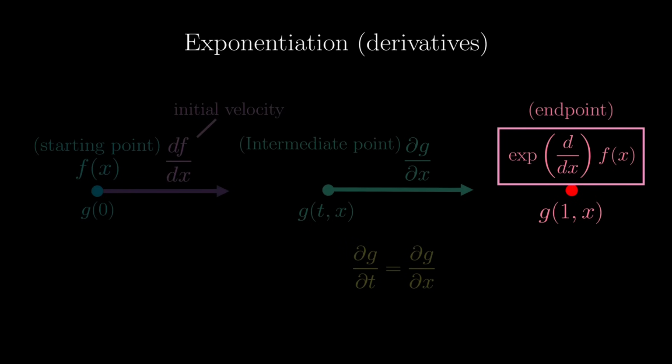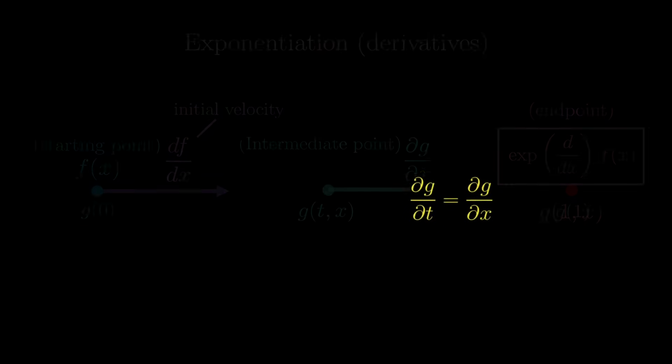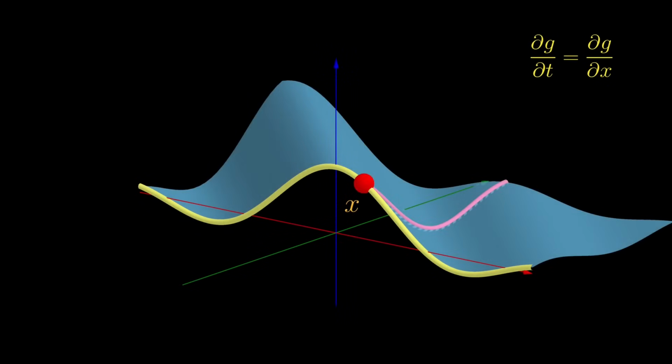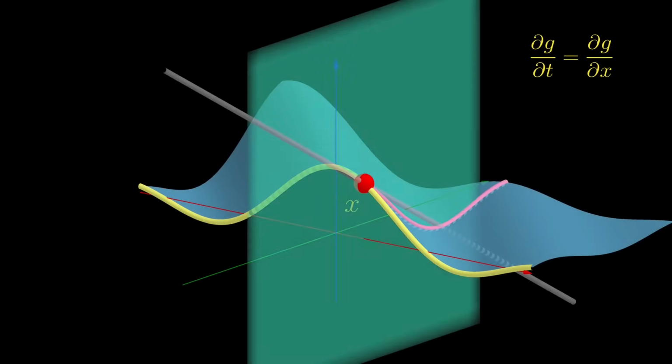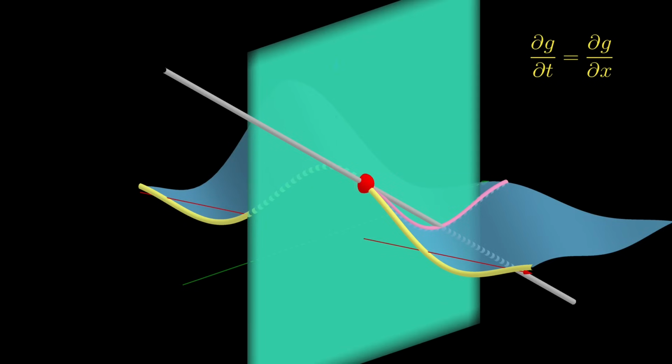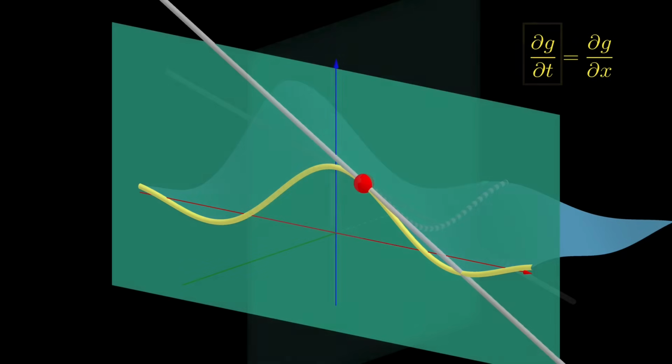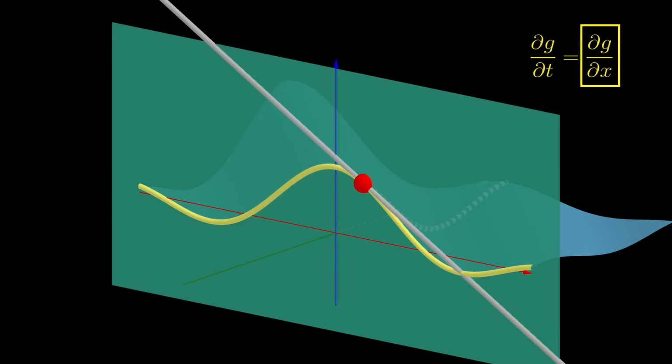It seems like we need to solve this partial differential equation, which you can, but you don't need to. After all, this partial differential equation just means that the slope along the t direction, that is partial g partial t, is the same as the slope along the x direction.